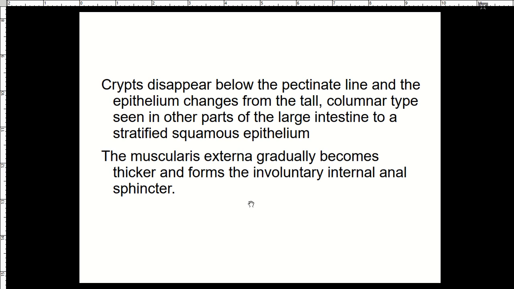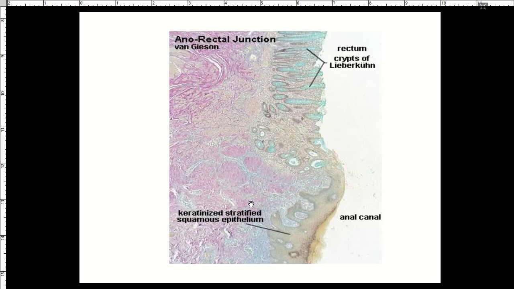So the crypts disappear below the pectinate line. So below the pectinate line, we no longer have these crypts, right? But we now have the stratified squamous epithelium. And the muscularis externa gradually becomes thicker and forms the involuntary internal anal sphincter formed by the inner circular layer, right?